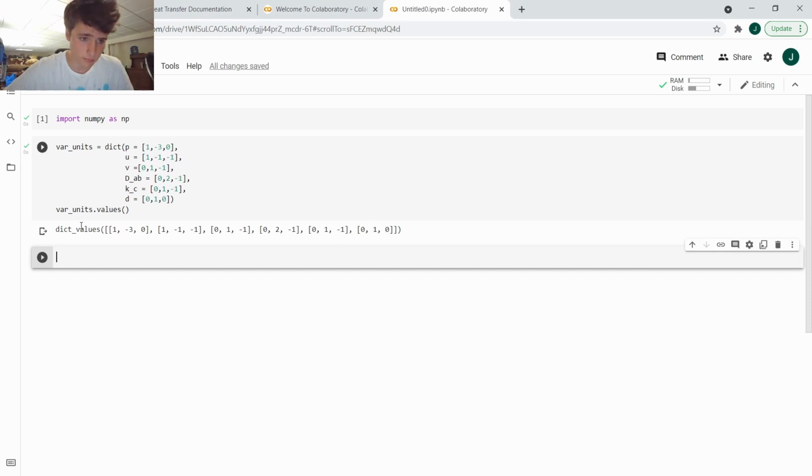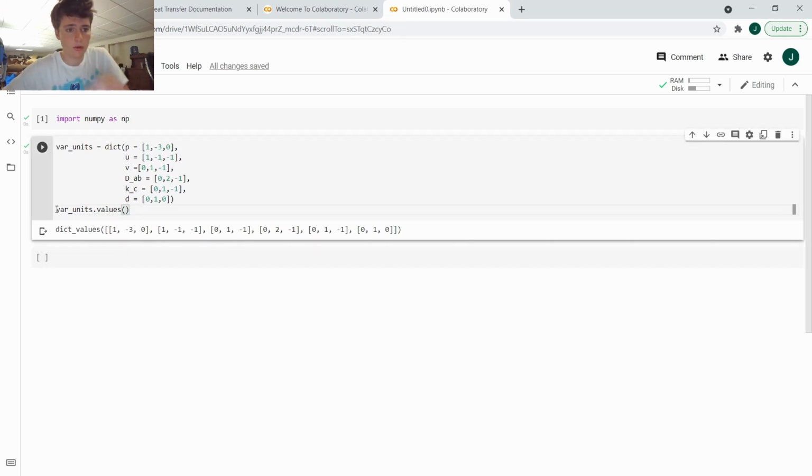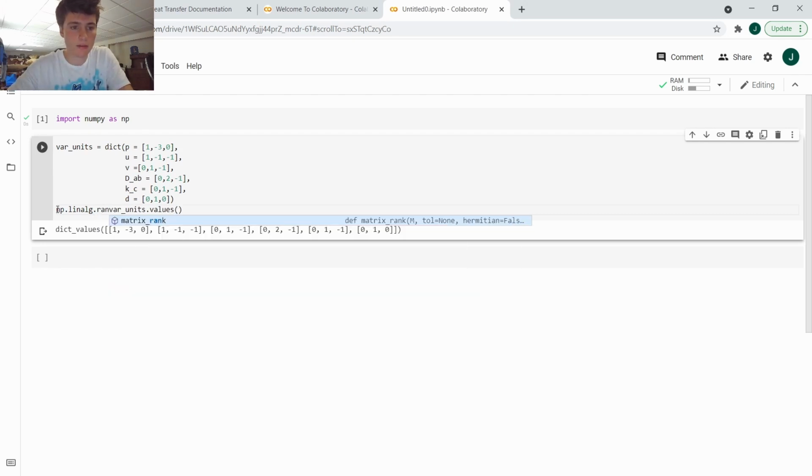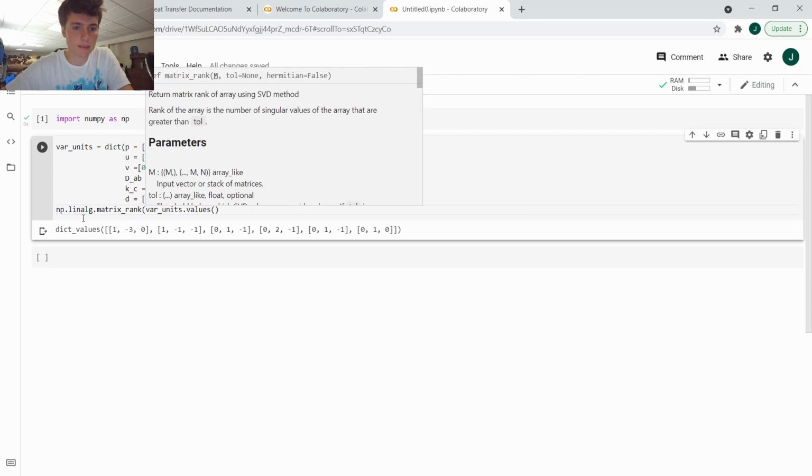We can stack these lists as columns to get our dimensional matrix. So linear algebra, that's the module in NumPy that allows us to do linear algebra operations, and we want the matrix rank of this.